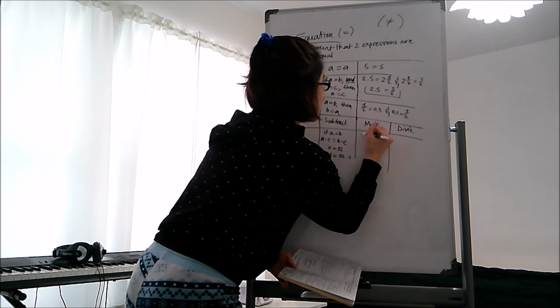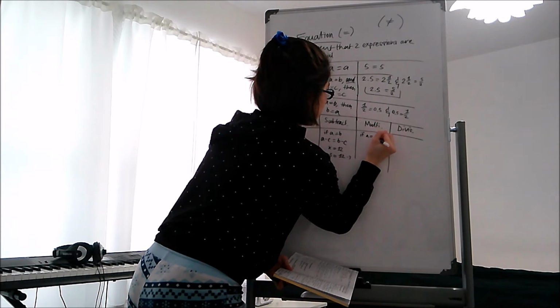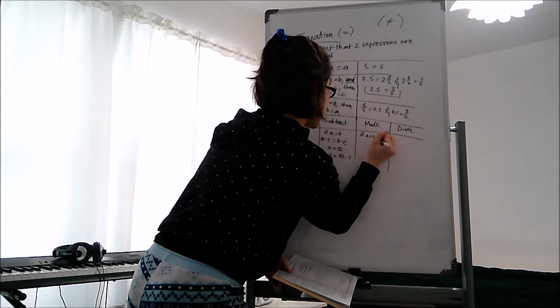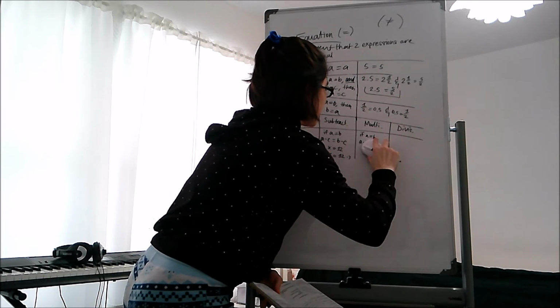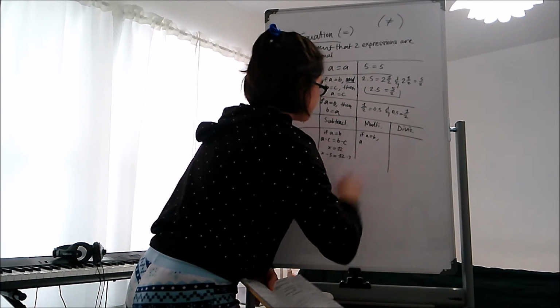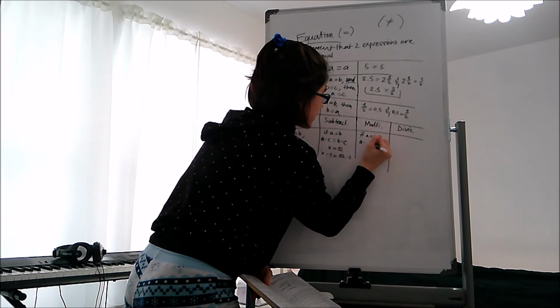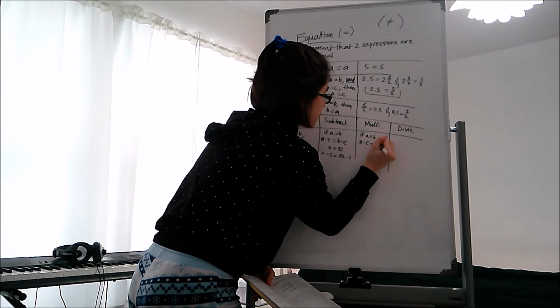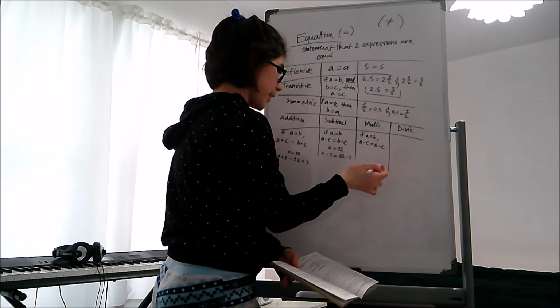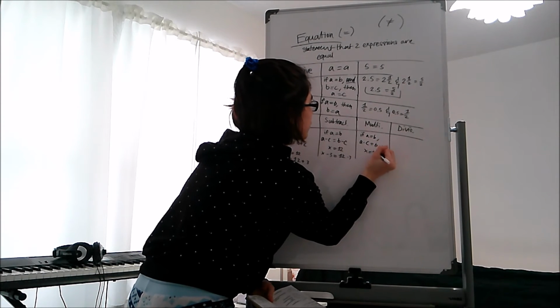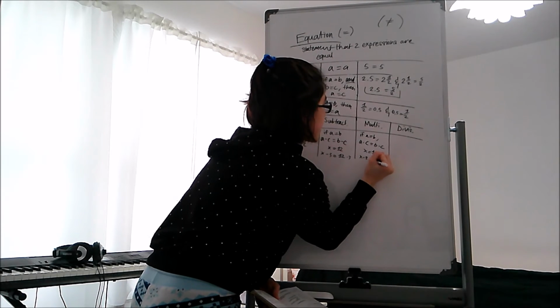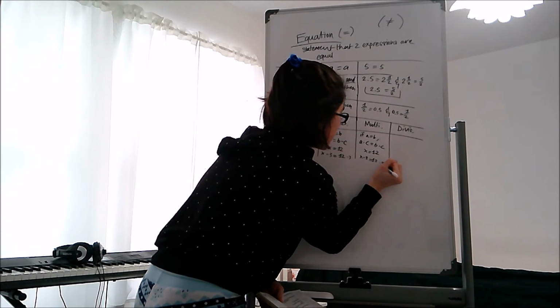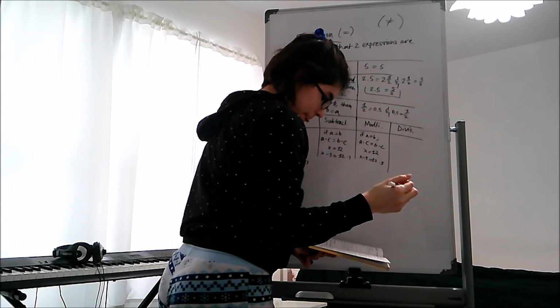Multiplication, if A equals B, I feel like a broken record, then A times C equals B times C. Okay? So if X equals 12, then X times 3 equals 12 times 3. Now finally, division.